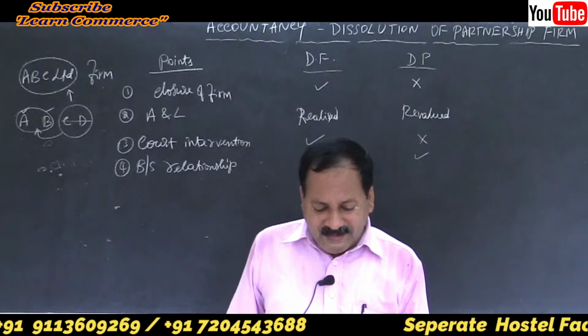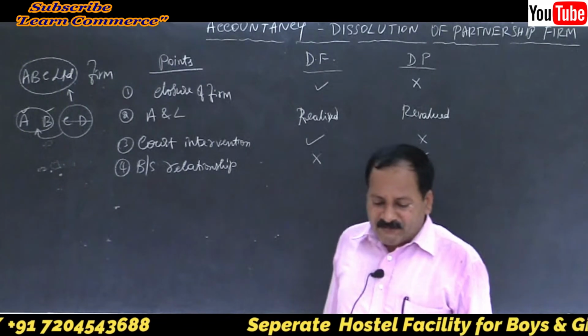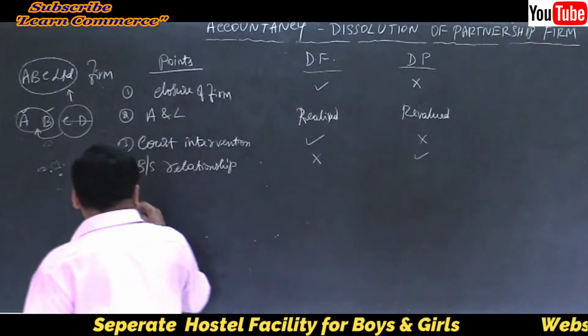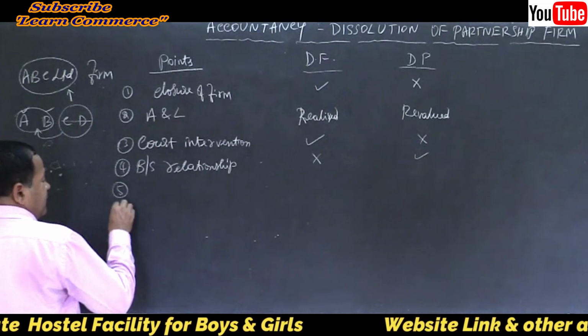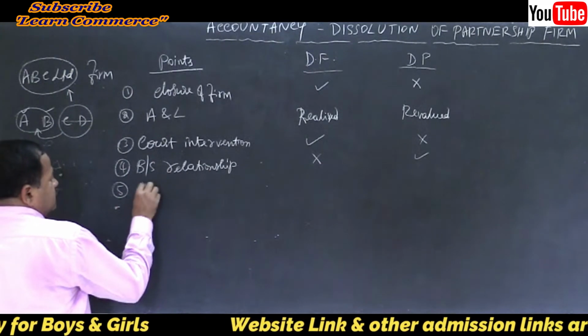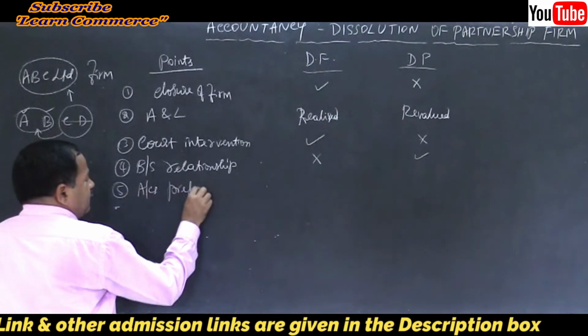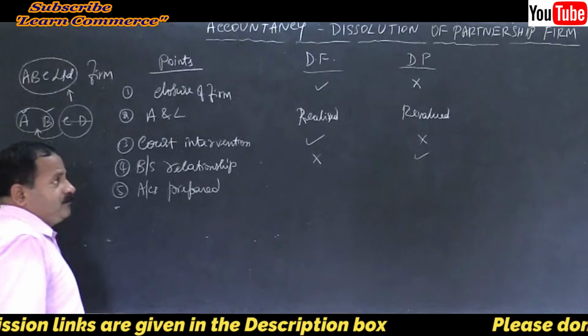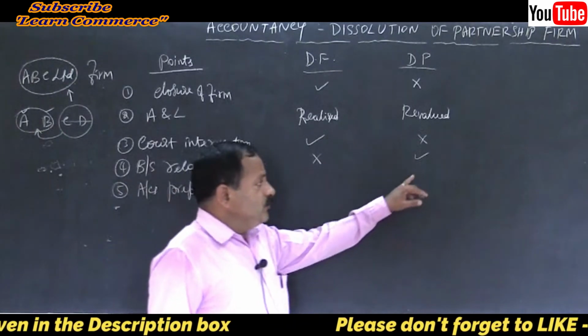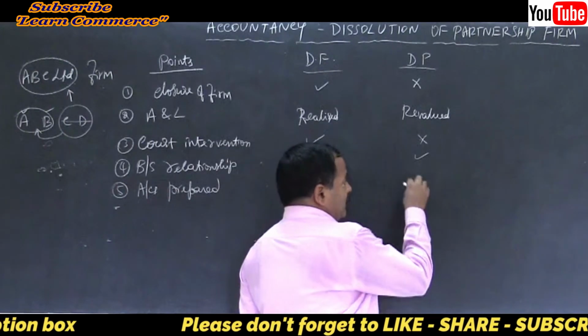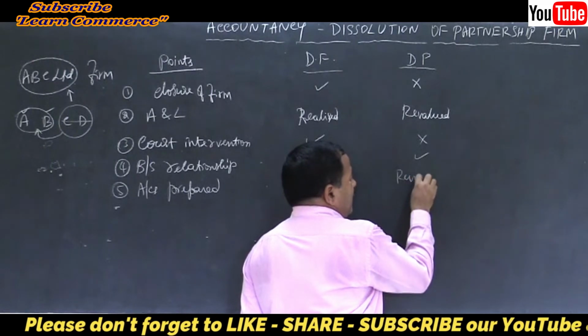Then moving on to the next point, that is preparation of accounts. What are the accounts that are prepared in case of both? In case of dissolution of partnership, what are the accounts you have already prepared, right?